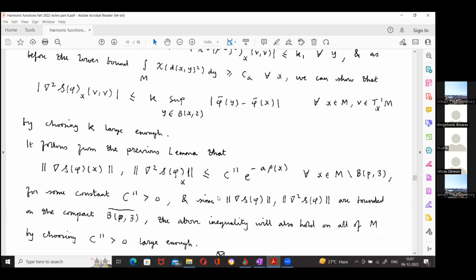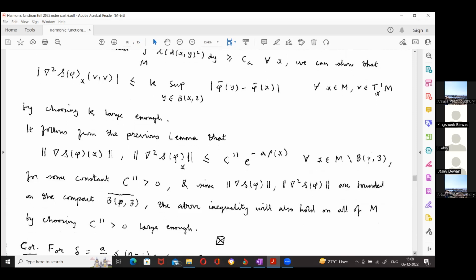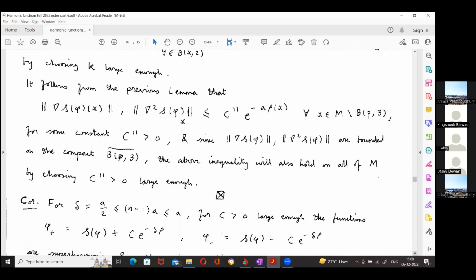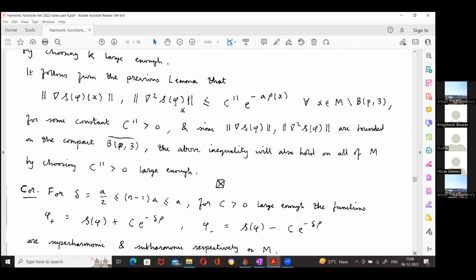And inside the ball of radius 3, by continuity, the norm of the gradient and the norm of the Hessian are bounded on the compact ball of radius 3. Therefore, this same inequality will hold on all of M if I choose this constant large enough. Is this clear? Yes, sir.